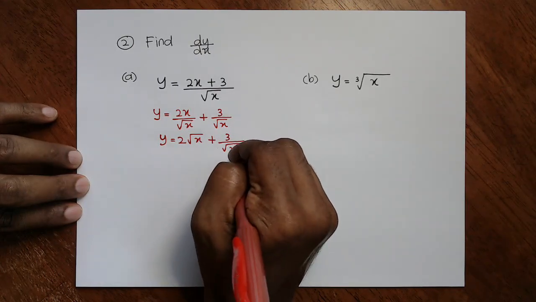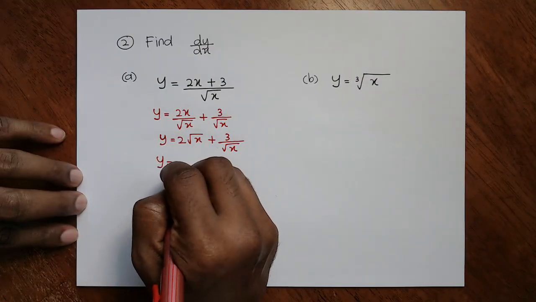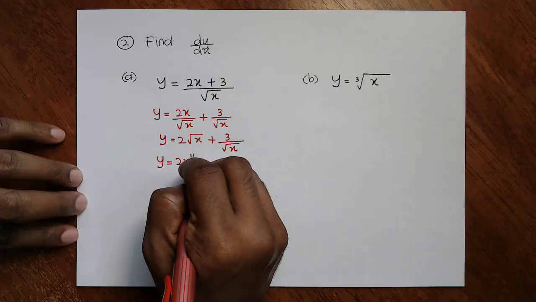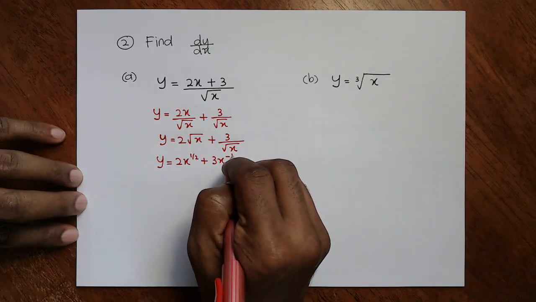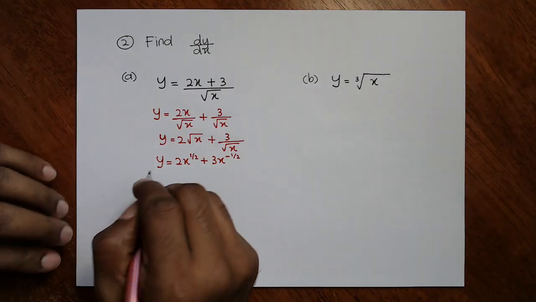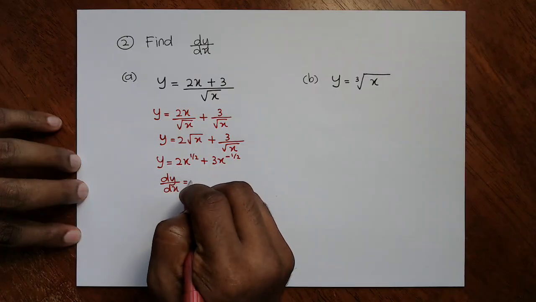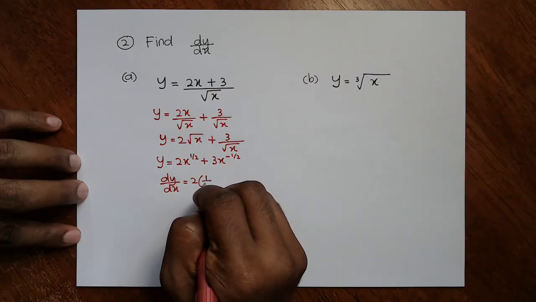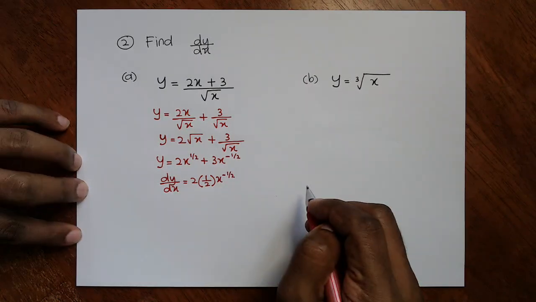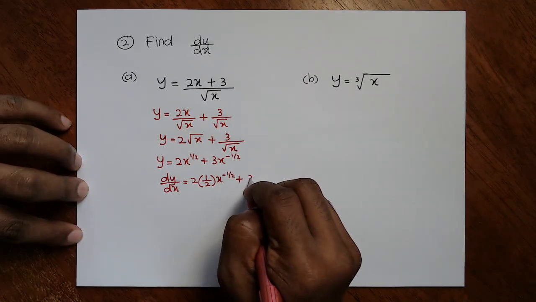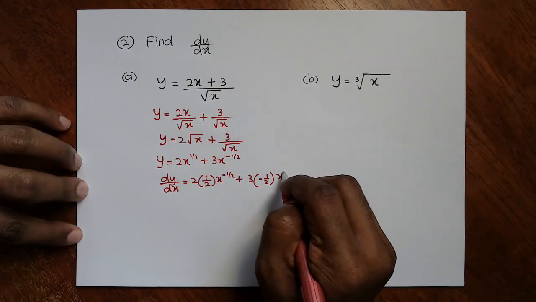We change this into index form. So y equals 2x to the power of 1 over 2 plus 3x to the power of negative 1 over 2. And then you do dy/dx. So we get dy/dx equals 2 times 1 over 2 x to the power of negative 1 over 2 plus 3 times negative 1 over 2 x to the power of negative 3 over 2.